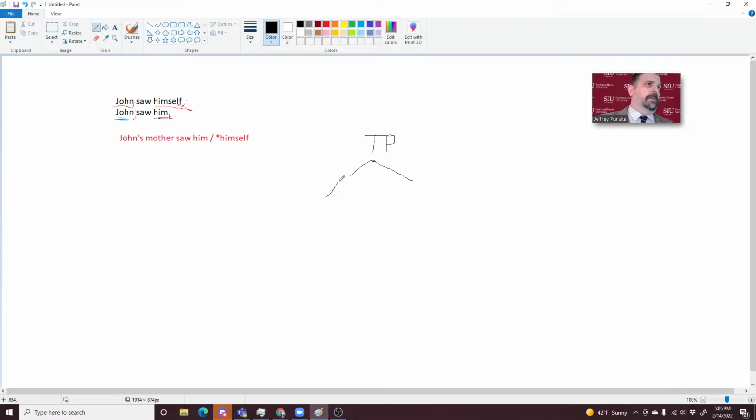So we're going to get our noun phrase here, John. We'll have our verb phrase here, saw. And another noun phrase here, himself.